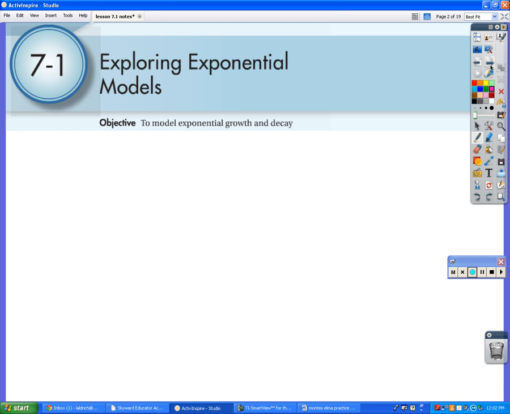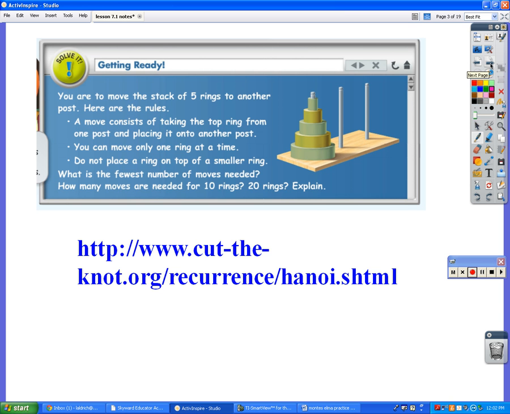So we are going to start with a little problem today, a little puzzle. We're going to start with a little puzzle called the Tower of Hanoi, and I used to actually have a physical one of these, where you have 5 rings on a peg here, and your goal is to move these rings onto one of the other 2 pegs.